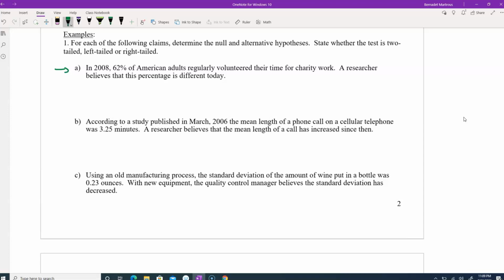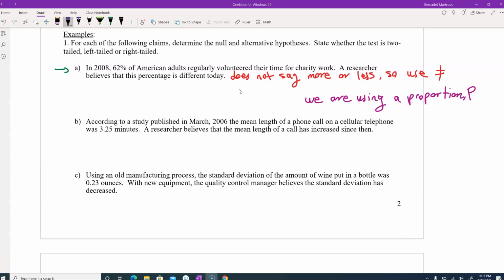Okay, and the researcher believes that this percentage is different today. So it's saying that this is different today, which means that we don't have any information about greater than or less than. It says different, meaning not equal to. So we're going to use that one.